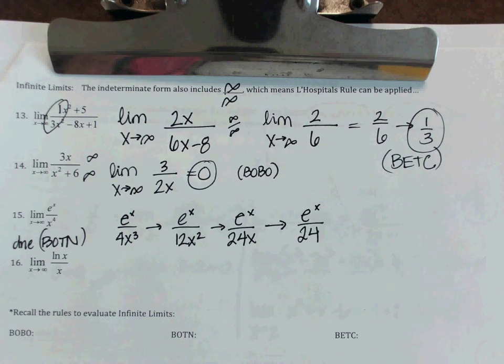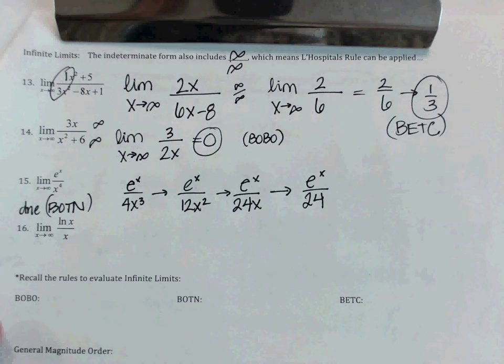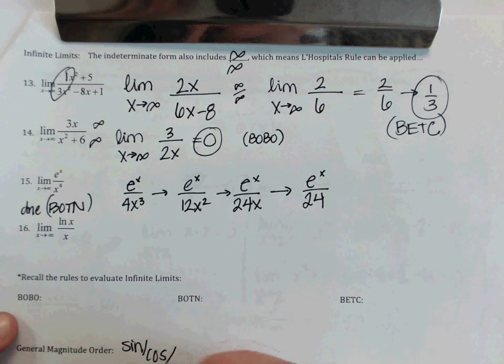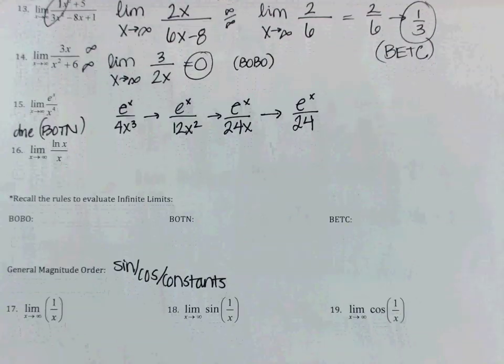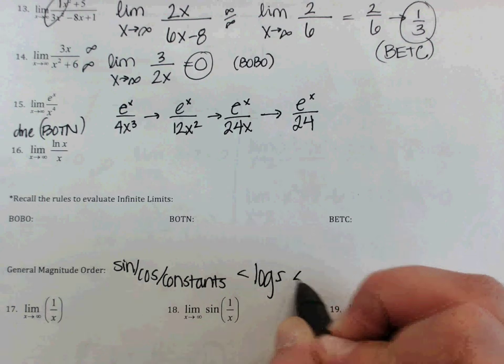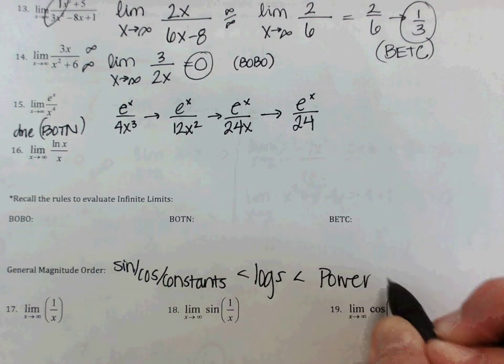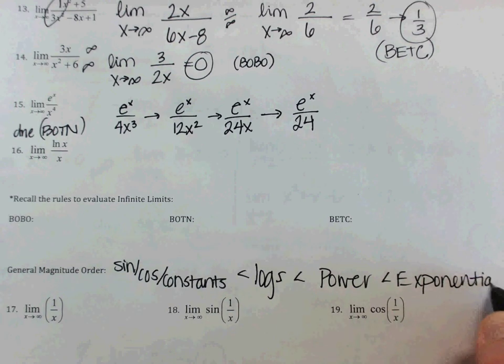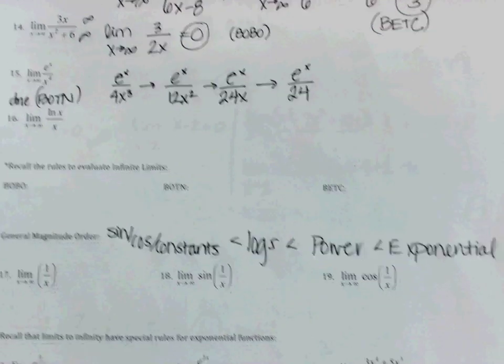So we're going to put our little list down here one more time. Remember, sine, cosine, and constants are the smallest. Then your logs, then your powers, then your exponentials, from least to greatest.